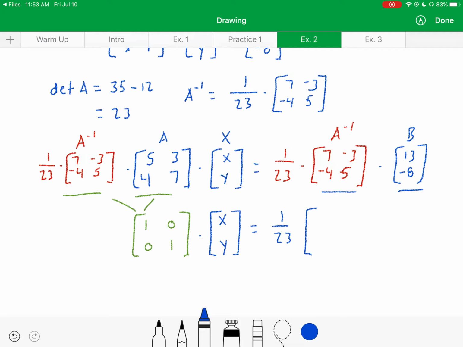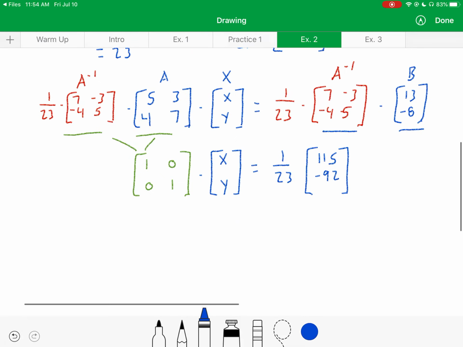Okay, so if I take the first row, first column elements, that's going to lead me to 115. And then second row from the inverse of A and the first column elements from B, that's going to lead me to -92. Okay.